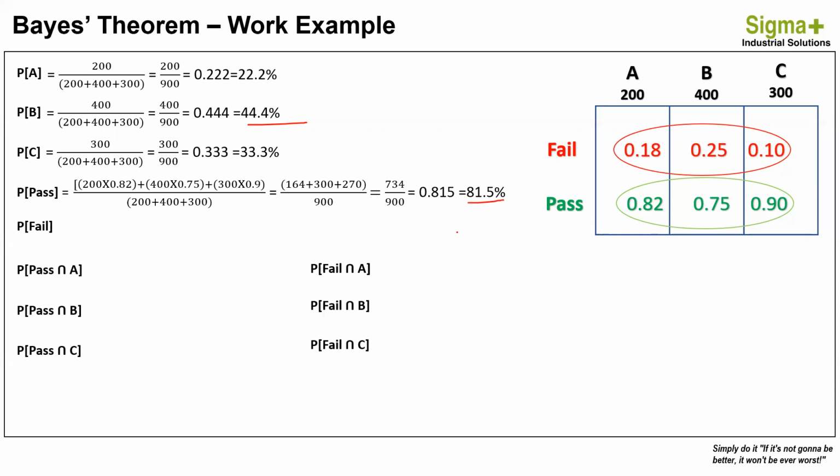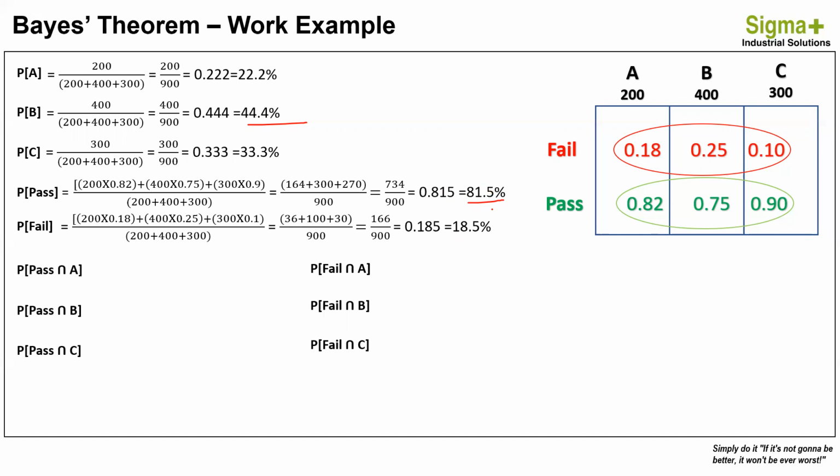Then I can easily calculate the probability of fail, either by calculating 100 minus 81.5, which is 18.5%, or in the same way that we calculated the probability of pass, which also gives 18.5%.